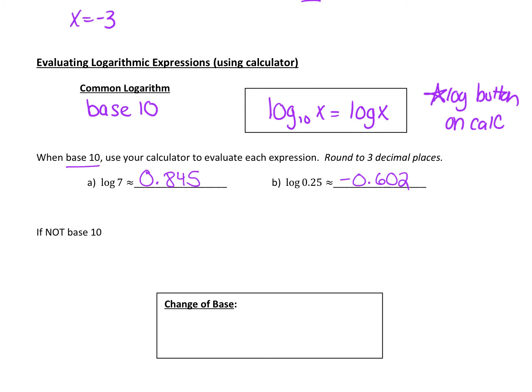So now if something's not base 10, we have to use something called the change of base formula. Some calculators, like the fancy TIs, if you go to your math button, option A all the way at the bottom says log base, and it'll help you do a log base that's not 10.